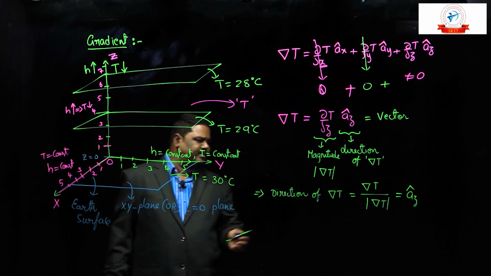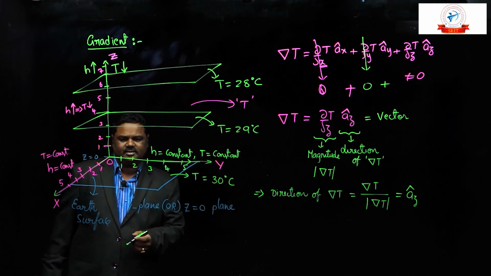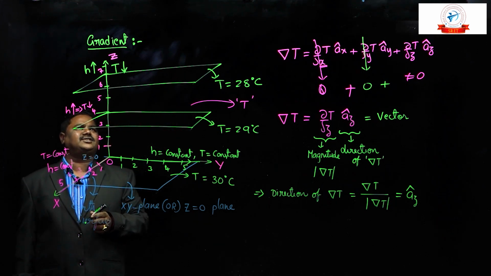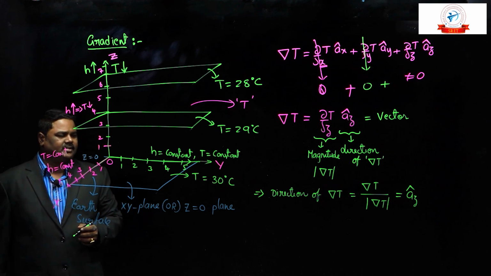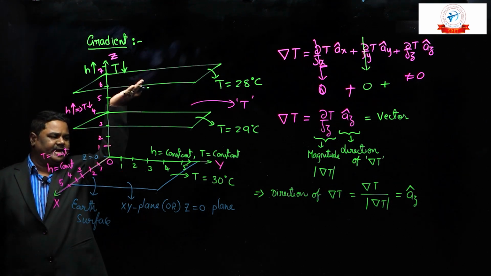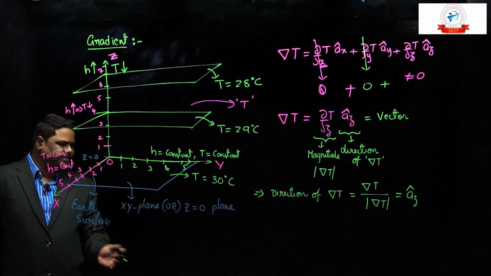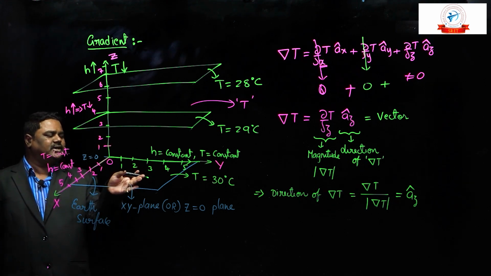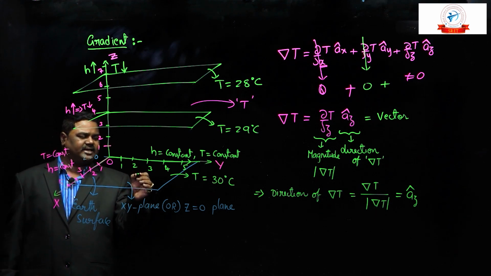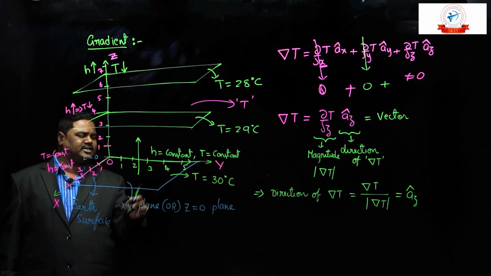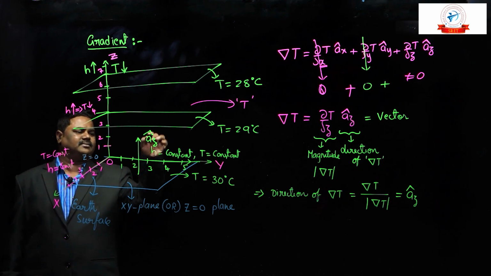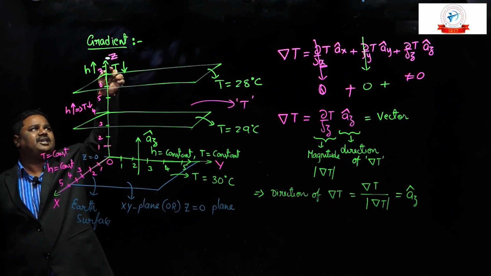Now just see here, come to this diagram. Can you tell me what is the direction of this plane? This entire plane, or area of this plane, is showing upward direction or downward direction? I can say that the upward direction of this surface area is Az cap direction, because upward direction is z direction.